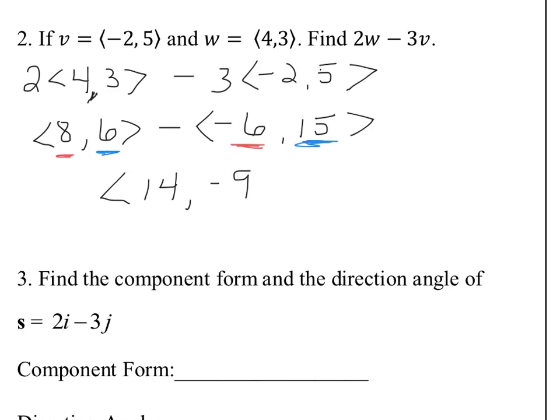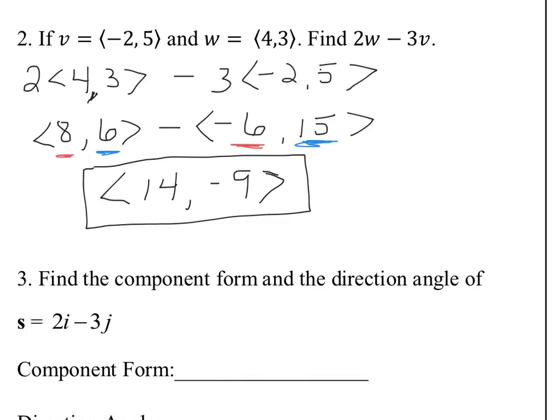Okay, so when you're writing your vectors, don't forget to use vector symbols. I noticed in some of your homework that I graded that you were getting your x and y components correct, but you weren't using these vector symbols. You have to use these vector symbols to show that this is a vector, not just a coordinate.